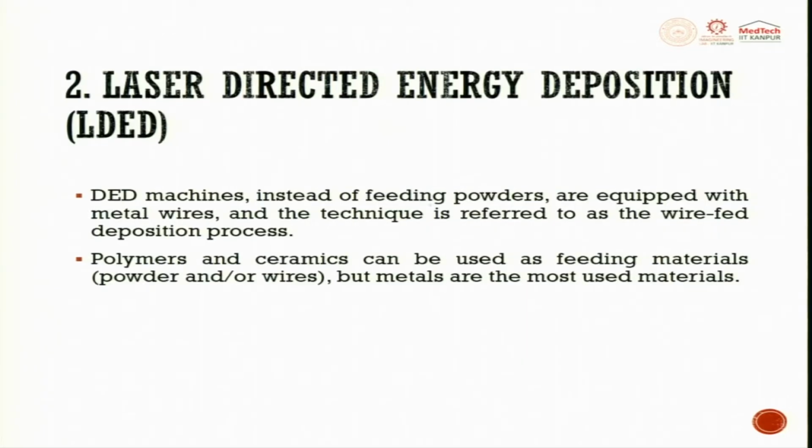DED machines, instead of feeding powder, are also equipped for feeding metal wires. If you want to look at an analogy, you can look at it like a wire arc welding machine. It will be like that only.